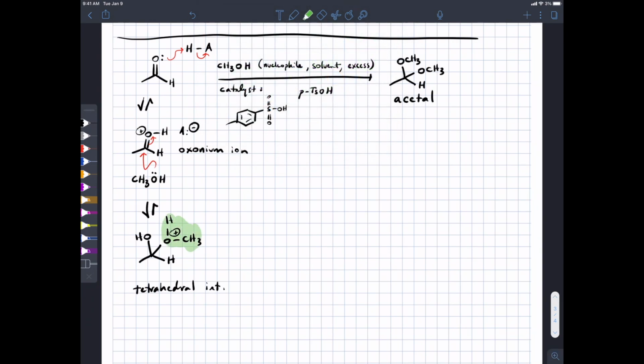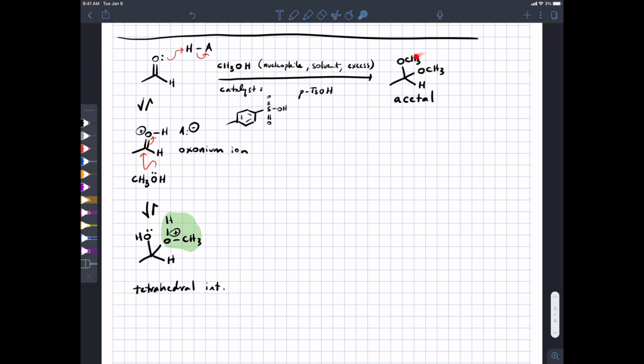It happens to be this positively charged oxygen, which could leave as a neutral alcohol. And it would be perfectly reasonable for these electrons to kick back down and kick off that leaving group, but that would just be the backward step.